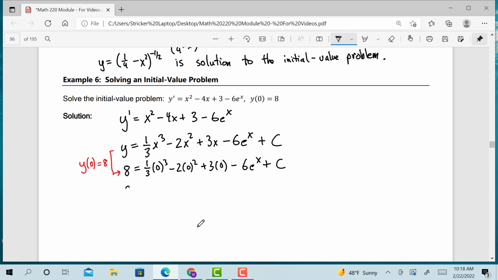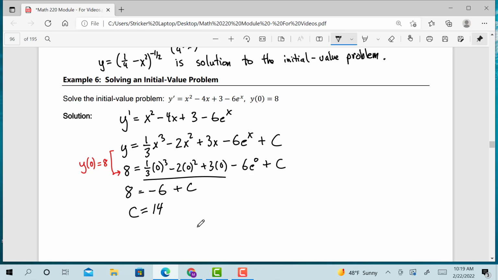Anything raised to the 0 power is 1, so that's minus 6 times 1, or minus 6, plus c. All those other terms are 0. So this tells us that c is equal to what? c equals 14.